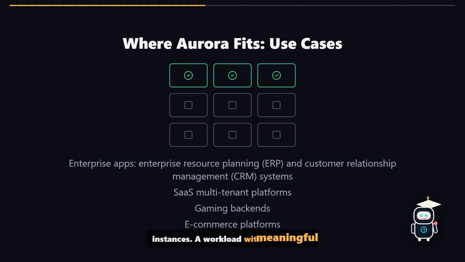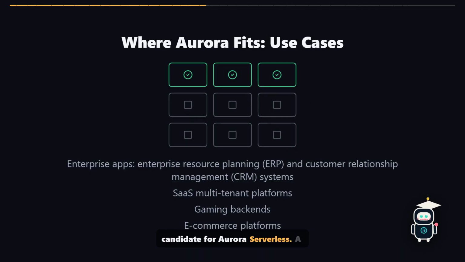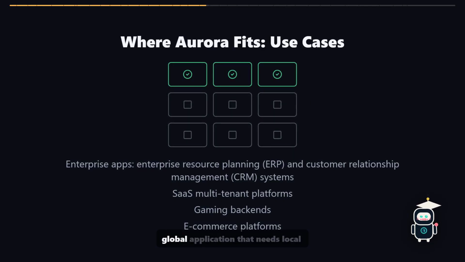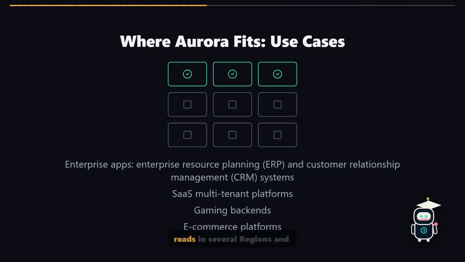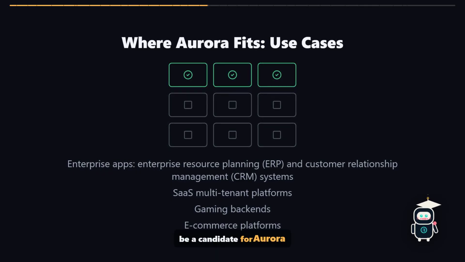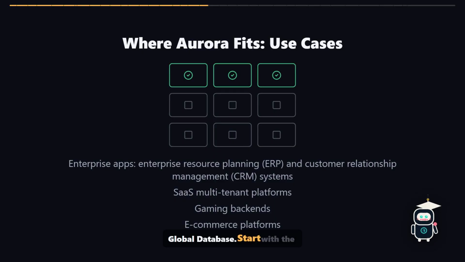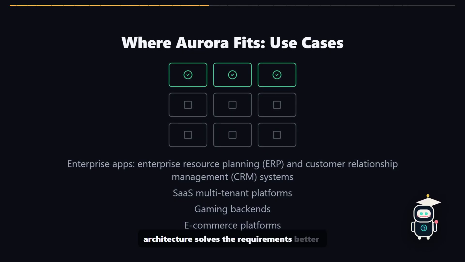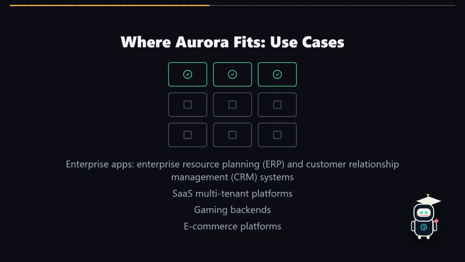A workload with meaningful capacity variation may be a candidate for Aurora Serverless. A global application that needs local reads in several regions and a regional disaster recovery design may be a candidate for Aurora Global Database. Start with the workload. Then decide whether Aurora's architecture solves the requirements better than the alternatives.